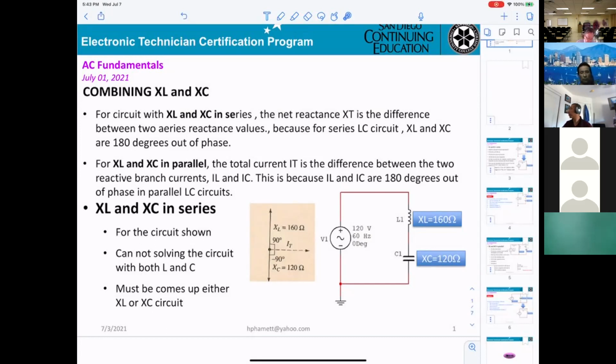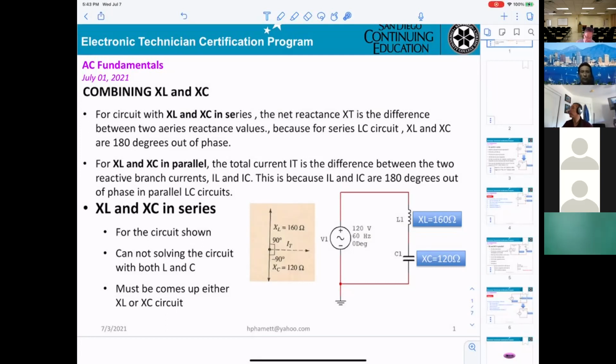That's what I just talked to you about. For XC and XL in parallel, the total current IT is the difference between the two reactive branch currents IL and IC. This is because IL and IC are 180 degrees out of phase.